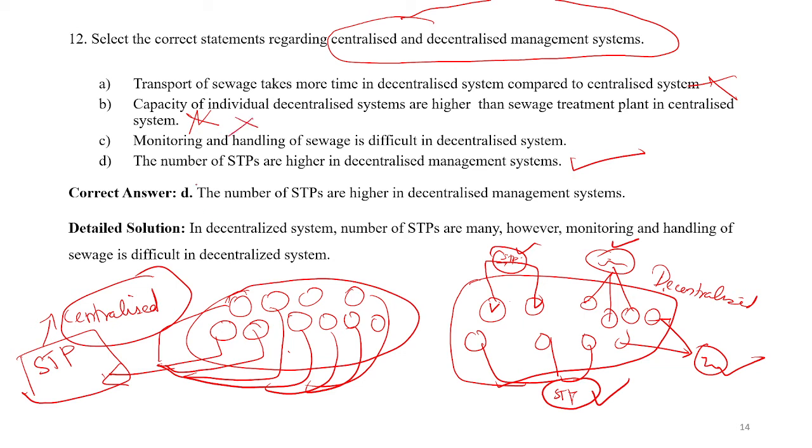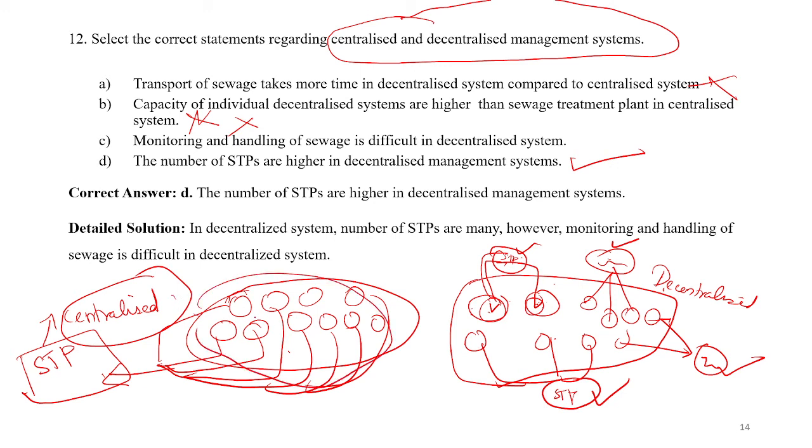The third statement is monitoring and handling of sewage is difficult in the decentralized system. So that is also a wrong statement, because here as you are taking care of individual units and treating the wastewater generated from individual community, the monitoring and handling of sewage from each community is comparatively easier when compared to centralized system, because here you are talking about the system as a whole.